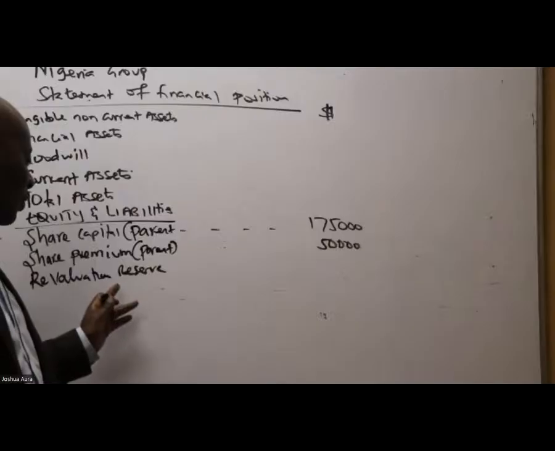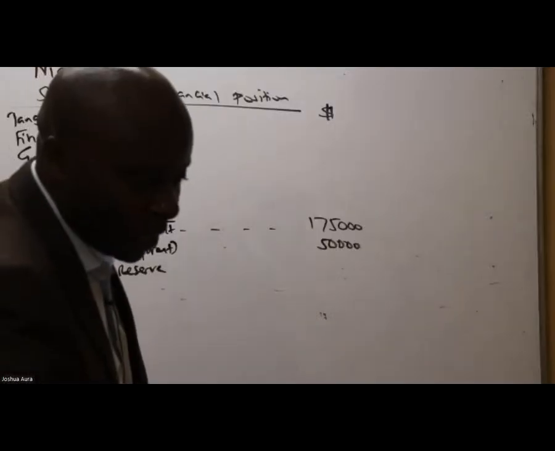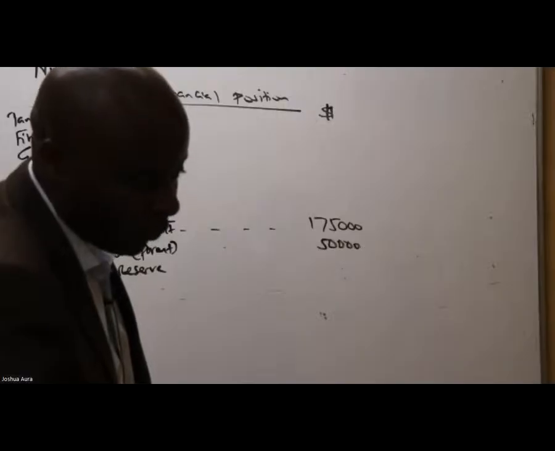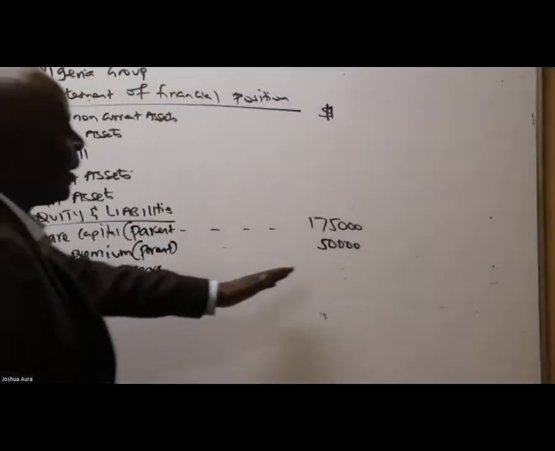So for revaluation reserve, the figure that you have there, pick the one of the parent only, but with possibilities of being adjusted. So revaluation reserve, I'll pick 40,000 alone.